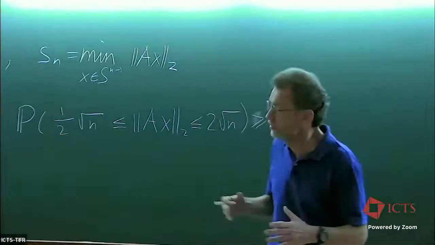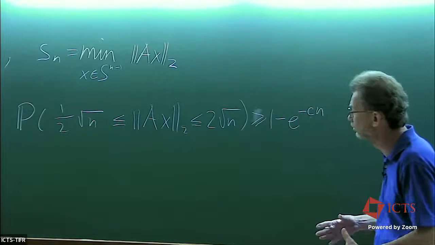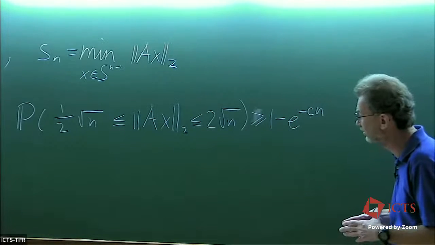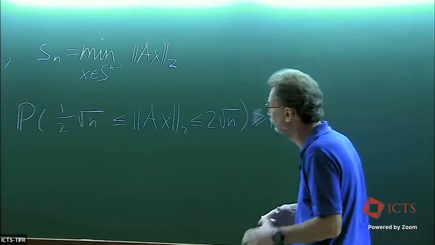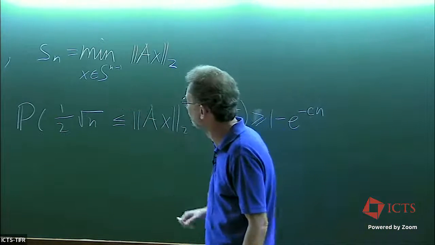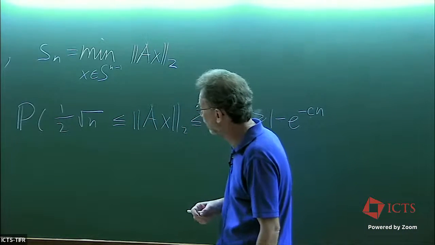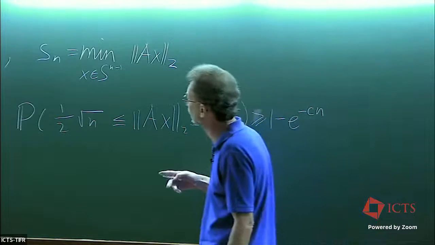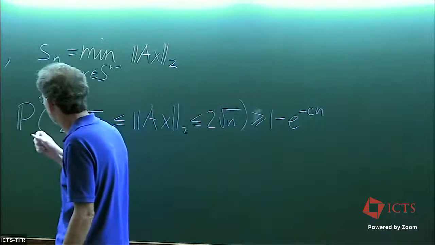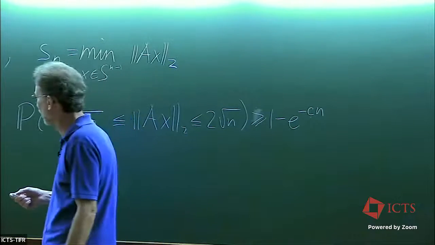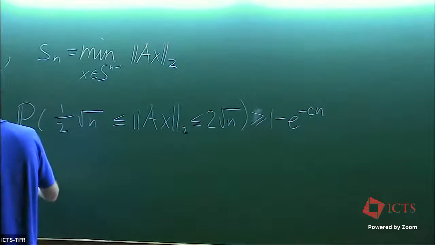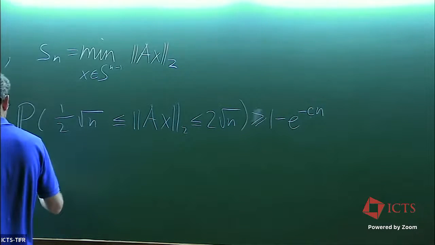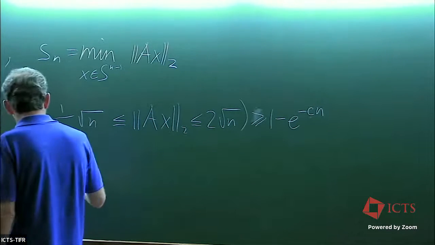And of course, if we know it for one vector, we can use the union bound and have it for many vectors. We want to have it for the whole sphere, but the sphere is uncountable, so we cannot just use the union bound, but we almost can do it. We'll discretize the sphere and take an epsilon net in the sphere.